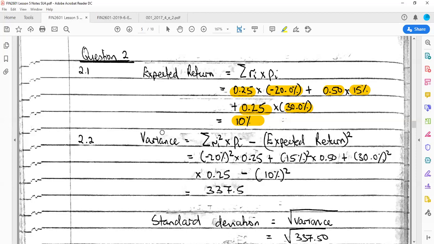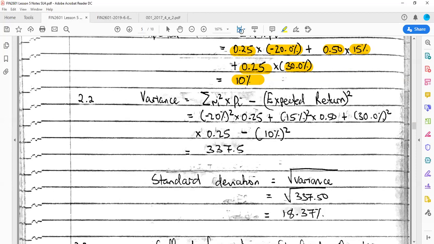And then we were asked to get the variance and the standard deviation. Remember, before you can get the standard deviation, you have to find the variance first, and then the square root of the variance gives us the standard deviation. The formula for the variance is given by this right here. So let's briefly explain what this means. This formula says we take each return and we square it, then we multiply that squared return with its corresponding probability, and we add them all up.